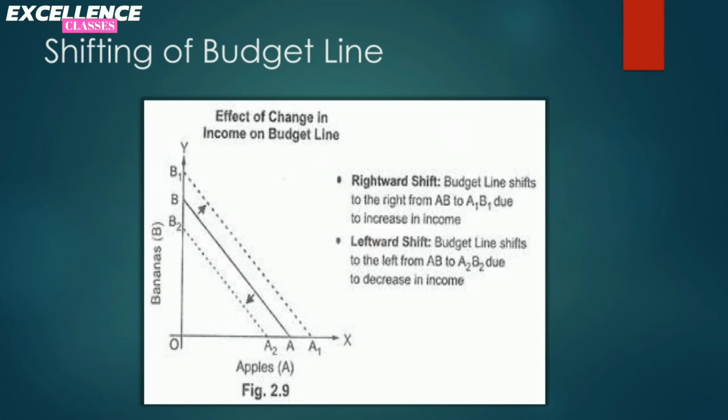Prices are assumed to be constant also in this case. This can be represented by the following diagrams. The budget line shifts to the rightward from AB to A1B1 due to increase in income of the consumer. On the other hand, budget line shifts to the leftward from AB to A2B2 due to decrease in income.